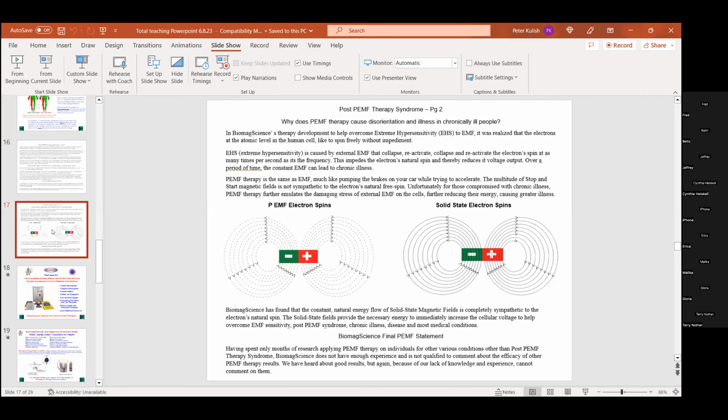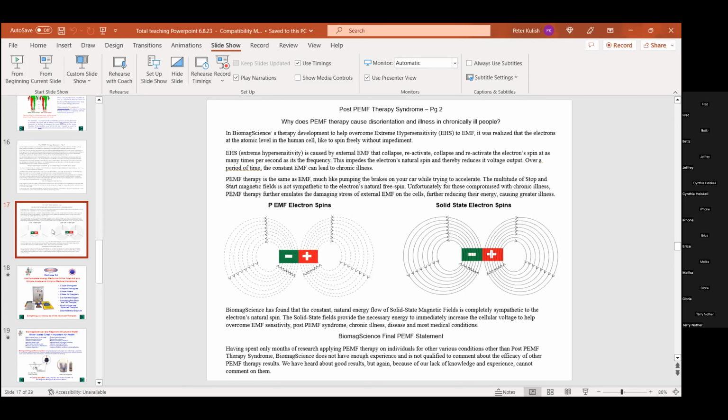But again, I don't see it as an appropriate therapy for people with extreme low vitality. They should basically stay away from it and use the benefits of solid state biomagnetism.